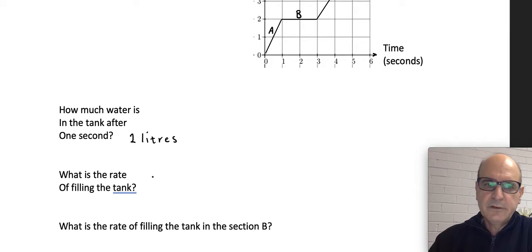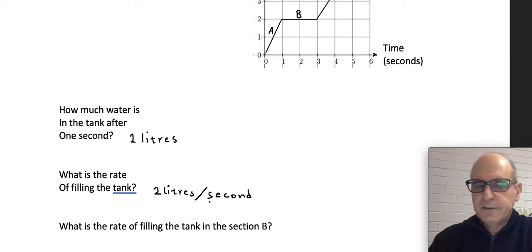So we can say 2 liters for 1 second, so 2 liters per second. Again, there is no number on the left-hand side of the second, so that means just 1 second. That is the rate of filling the tank for this part.